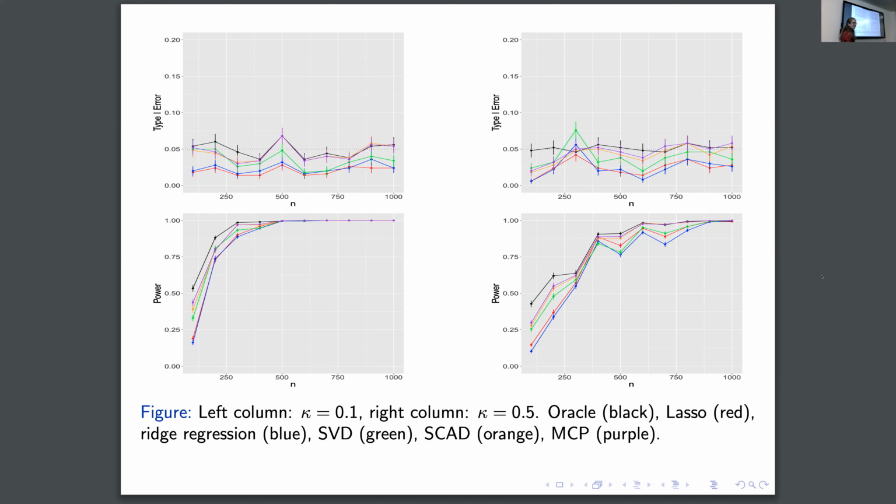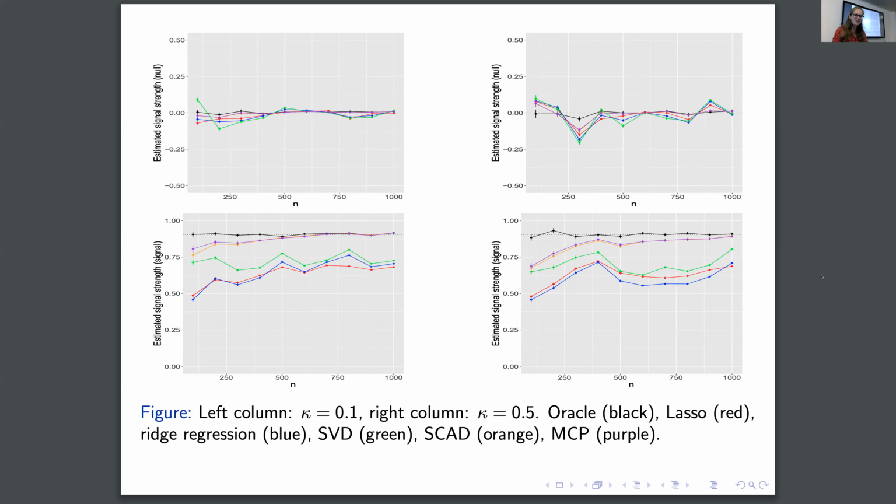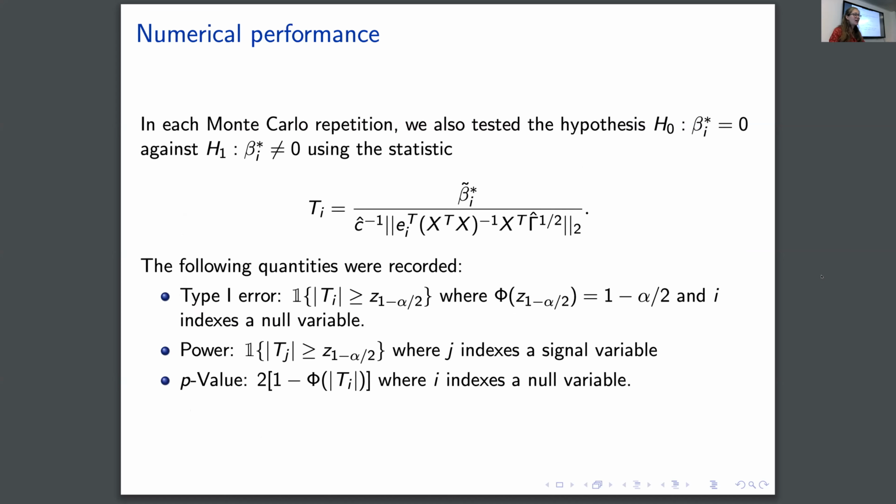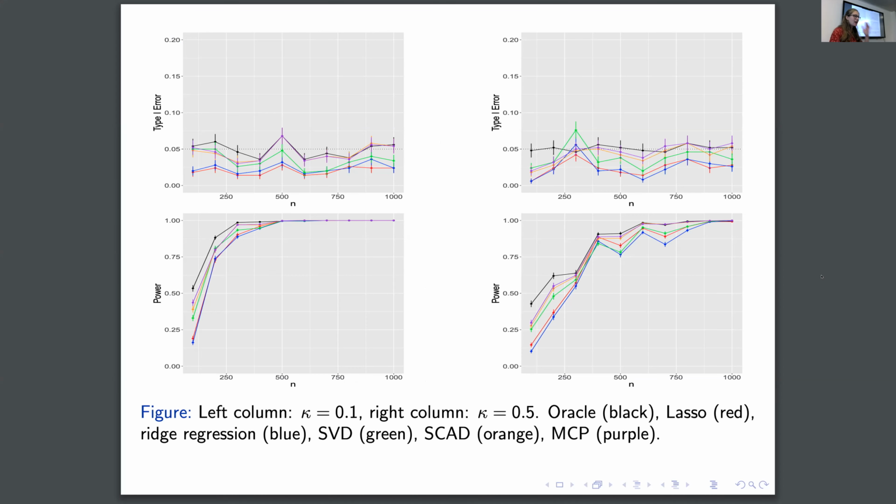So for n equal 100, you're already in a good place, and that's very good. There's obviously a little bit more looseness. It was identifying the signal. In all cases, it was quite an obvious change between the null and the signal variables when you looked at the estimator.